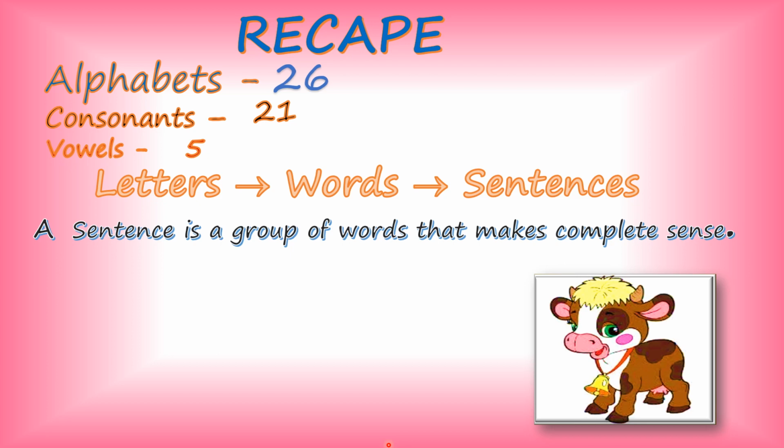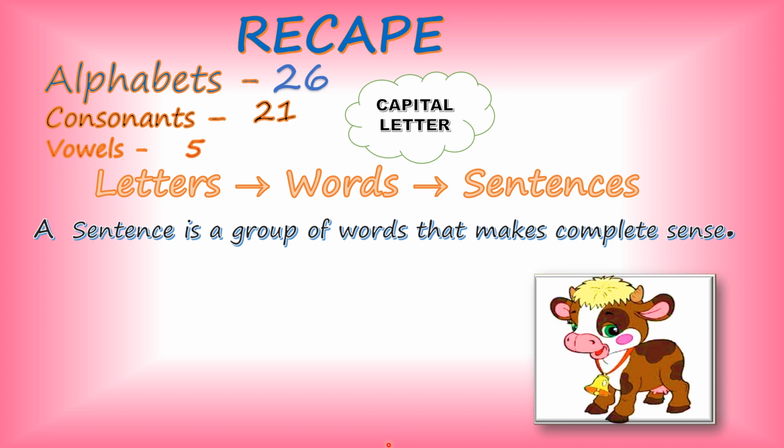Children, while writing sentences, we are supposed to keep a few points in our mind. Like first, a sentence always begins with a capital letter. In a sentence, words are arranged properly, placed properly, that gives meaning, that makes sense.